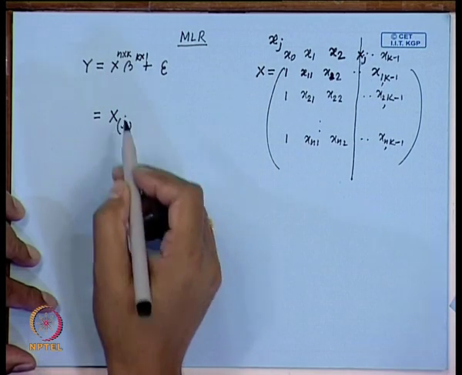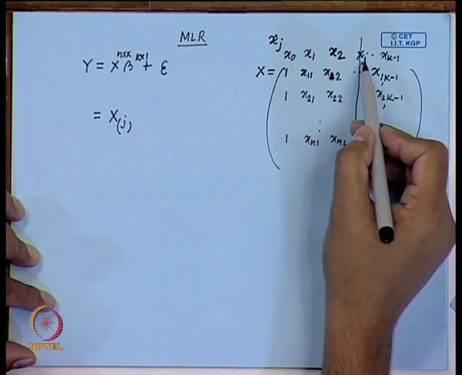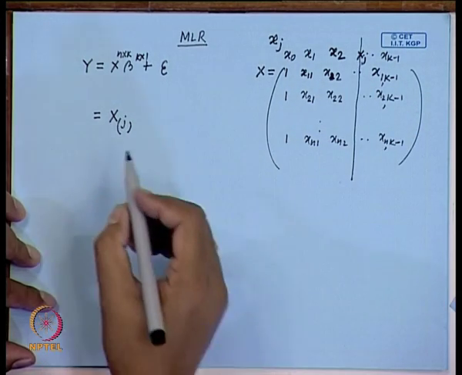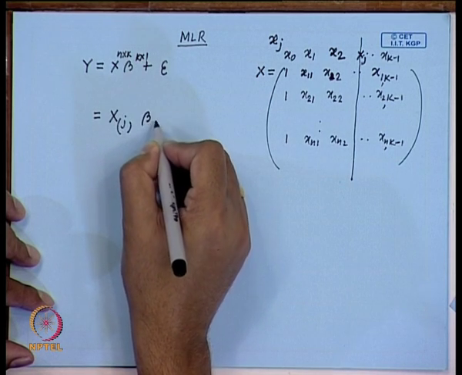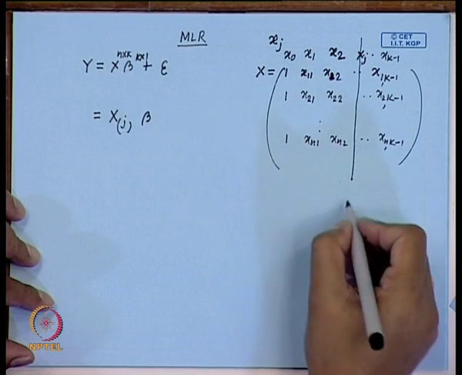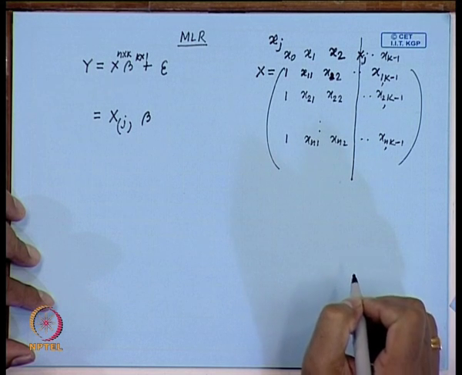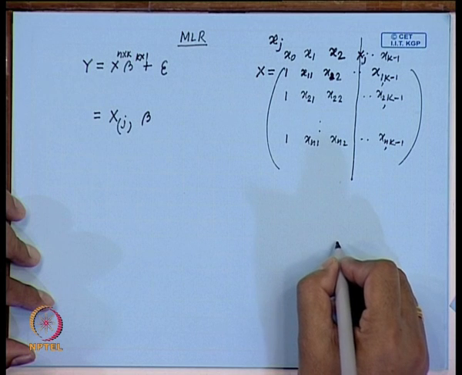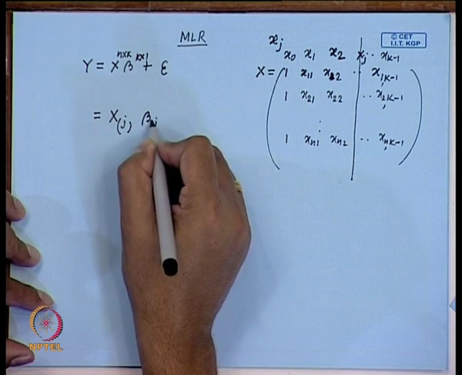So, X_j is the matrix obtained from X by removing the jth column. Similarly, beta_j: before, it was beta naught, beta 1 up to beta k minus 1. Now I am just removing beta j from this vector. So, this is called beta_j.